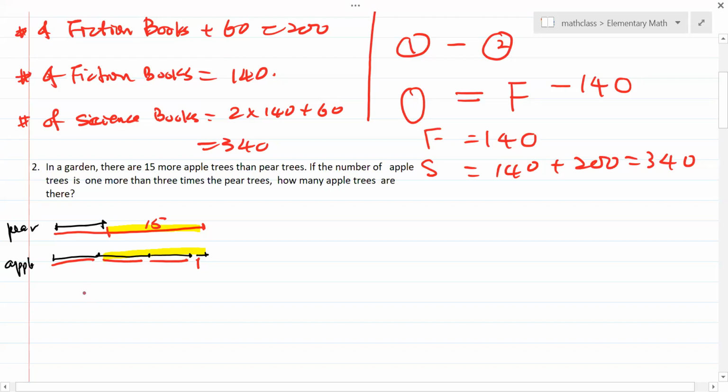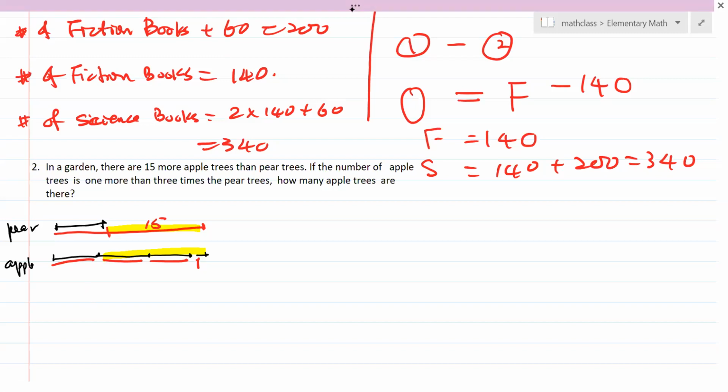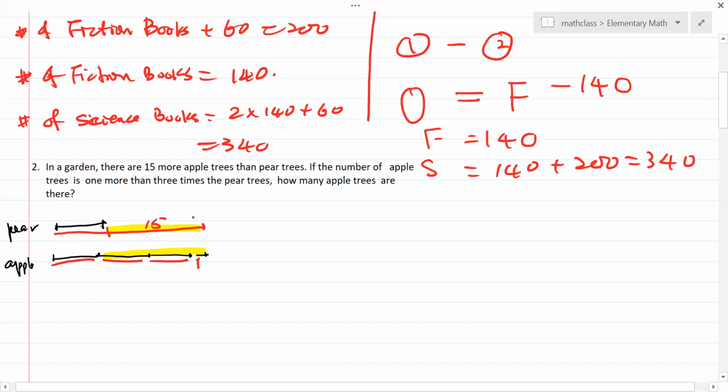So you can directly do this problem. 15 minus 1, cut the 1, right? Those two should be the same. So the number of pear trees should be 14 divided by 2, it's 7.